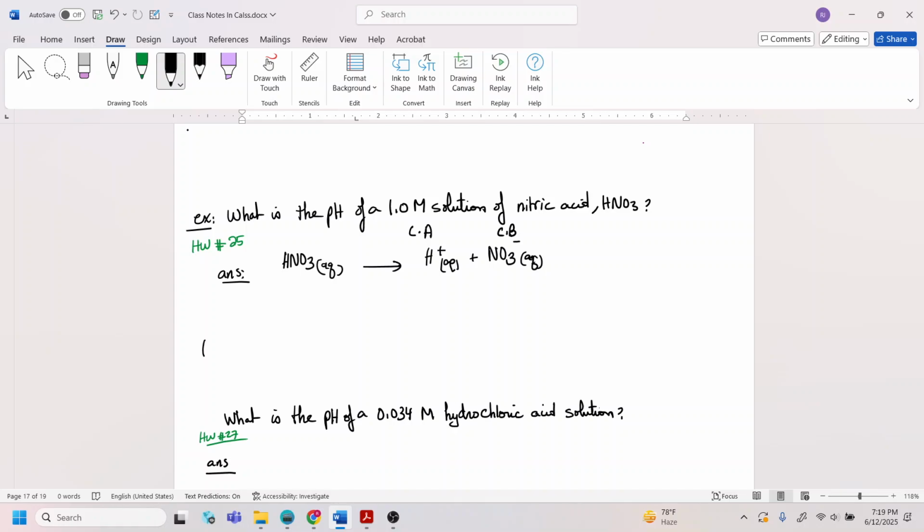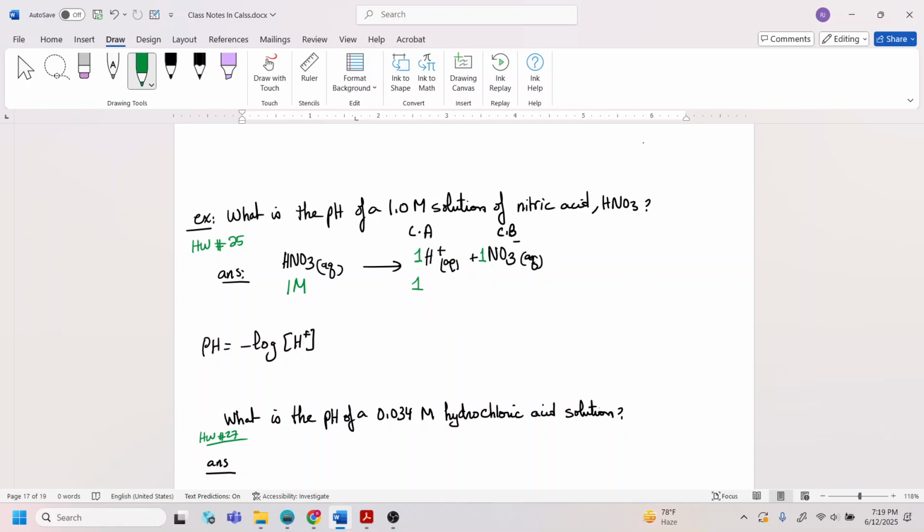So I know to calculate the pH, I need minus log concentration of H plus, right? I am given the concentration of the HNO3 solution. I need to get from this the concentration of H plus. So it's always equal to the concentration of the solution multiplied by the number of ions. Here I have 1 mole of H plus and 1 mole of NO3 minus.